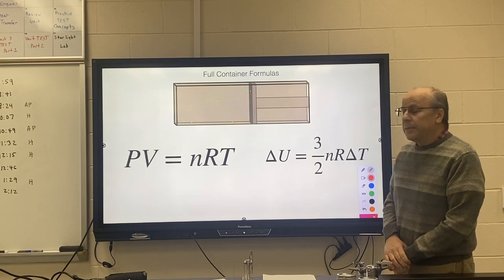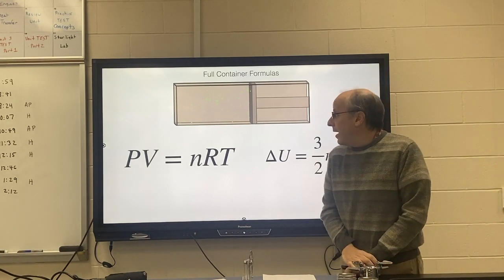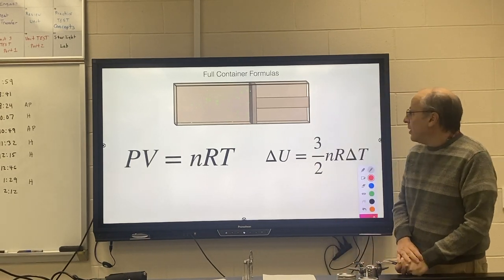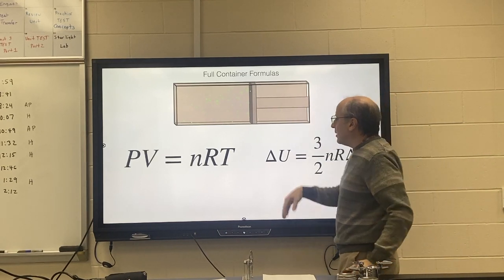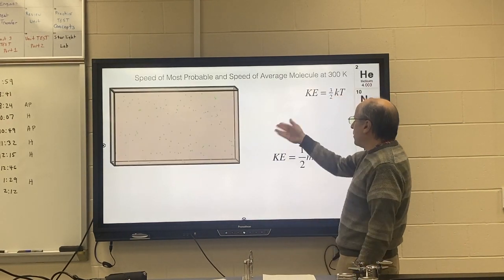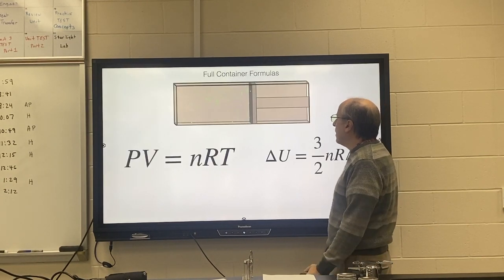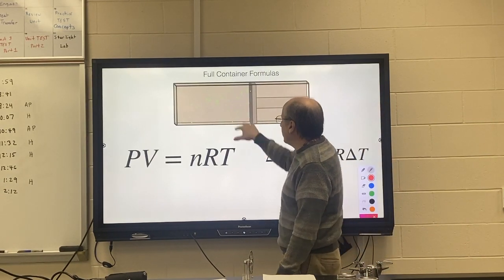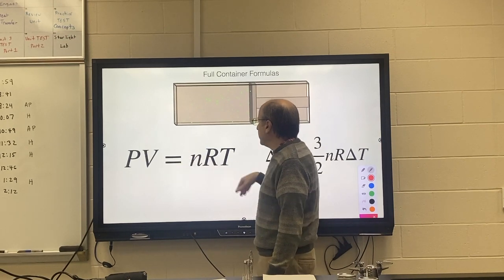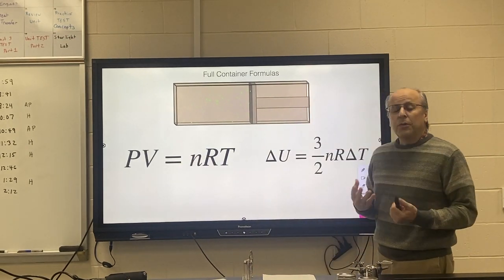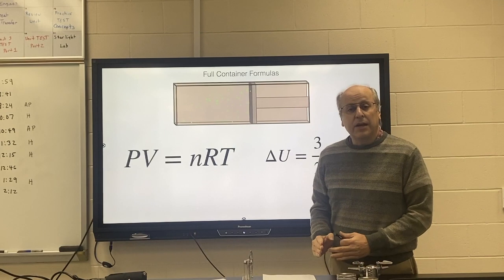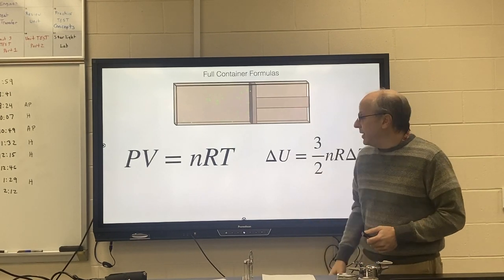Okay, I want to make sure you remember some formulas for the full container. These formulas we were just focusing on were for a single molecule or particle. If we're looking at the full container, we have PV equals nRT. Make sure you work in the right units. That's pascals, meters cubed, Kelvin.